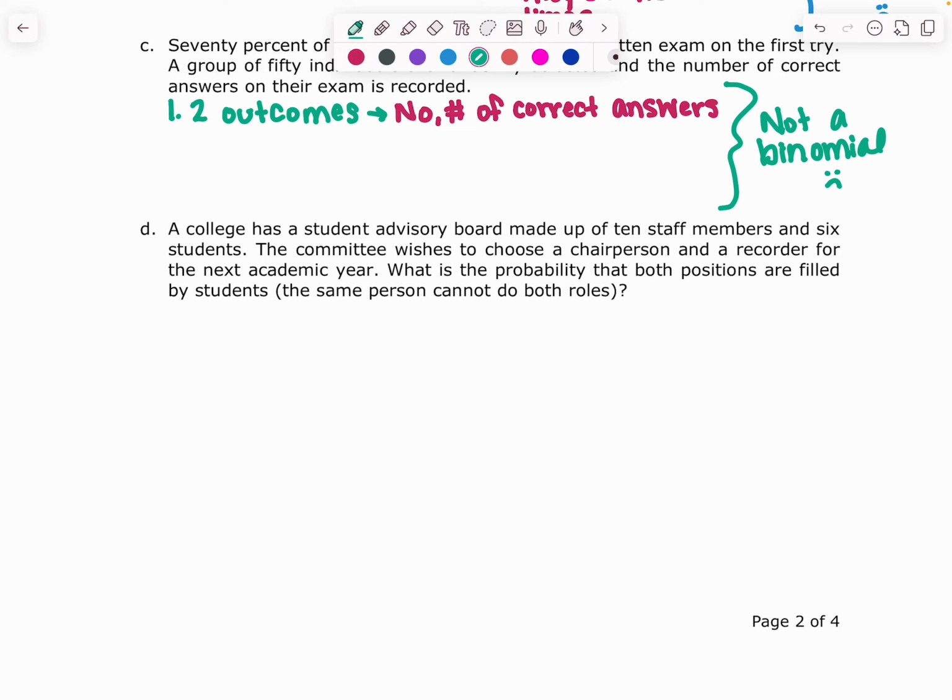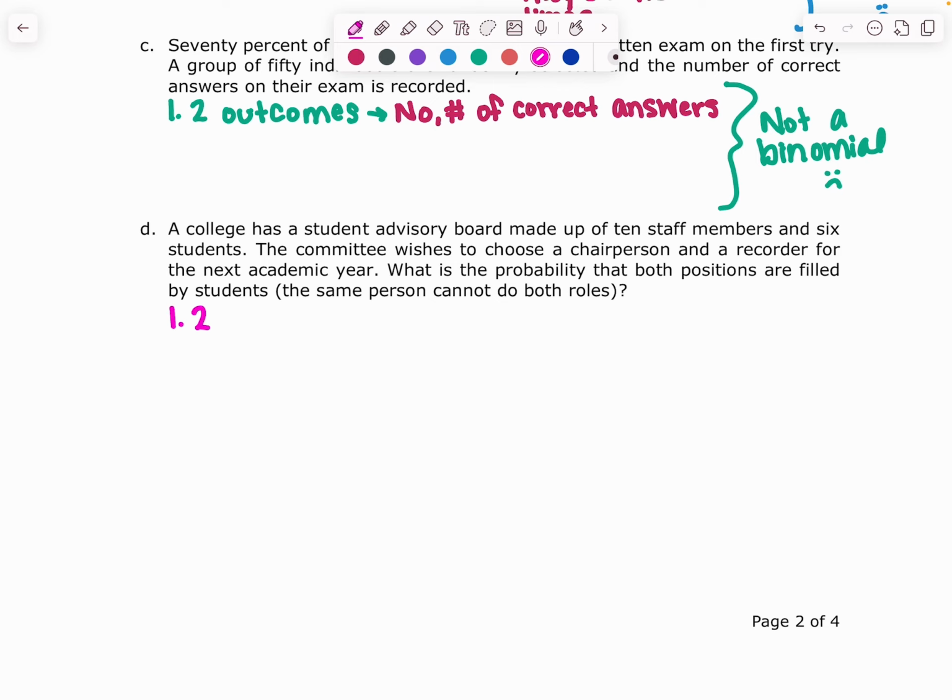So you could pause the video if you want more time. All right, so we're not going to answer the probability part of this. We just want to know, is it a binomial?